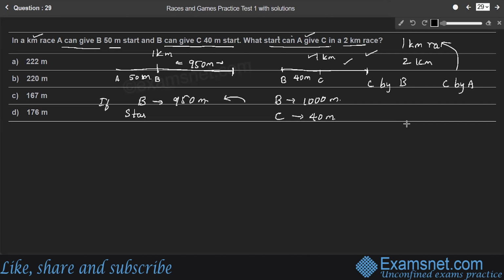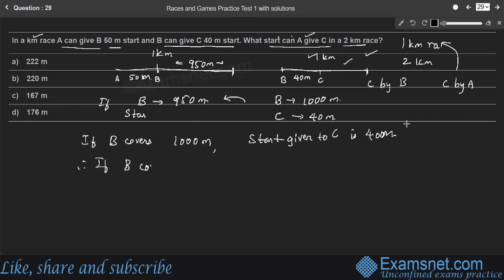Therefore, if B covers 1000 meter, start given to C is 40 meter. Therefore, if B covers only 950 meter, start given to C is equal to, simple calculation, for 1000 meter, if B is covering 1000 meter, start given to C is 40 meter.